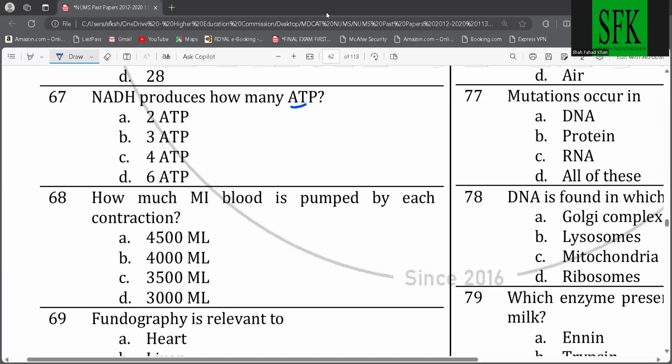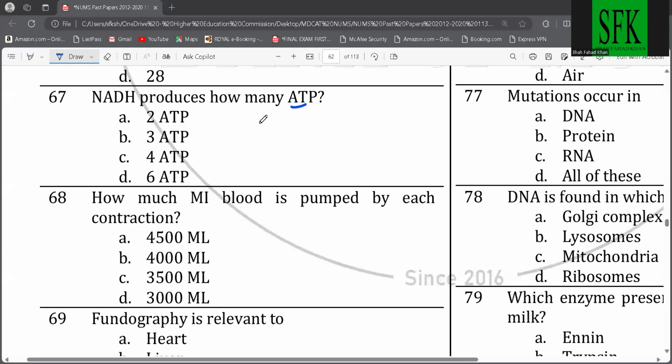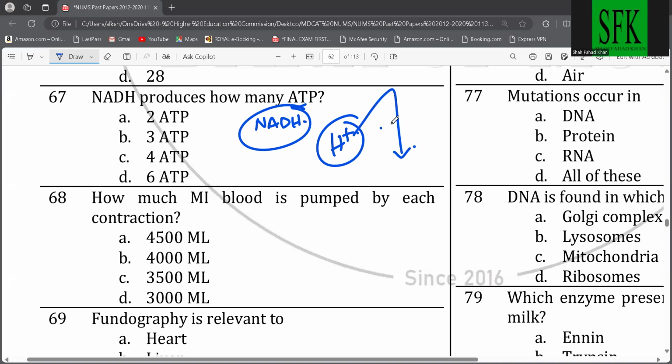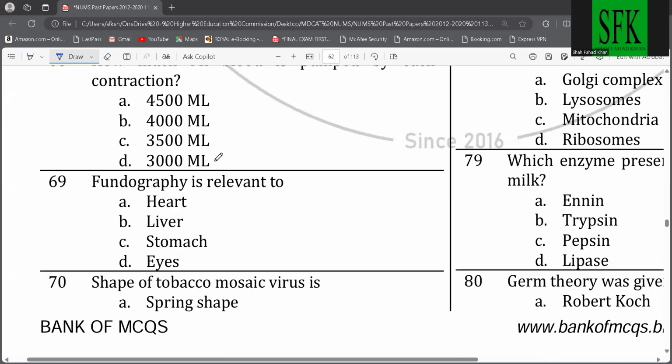Number of ATP molecules from one NADH. One NADH will have one hydrogen ion, one proton. And when one proton passes through the chemiosmotic mechanism, through the motor, one H positive produces 3 ATP molecules. So 3 ATP is going to be your best choice.